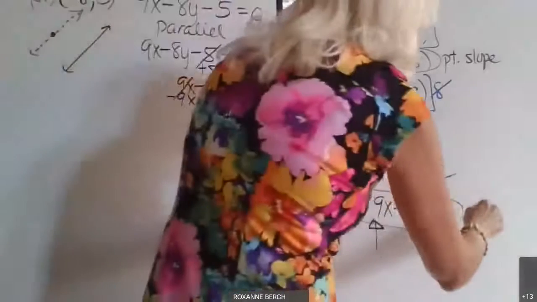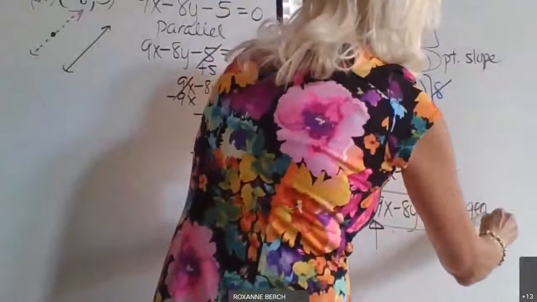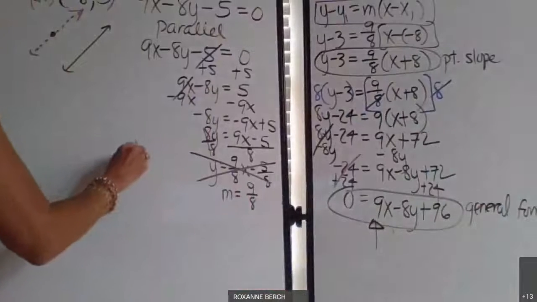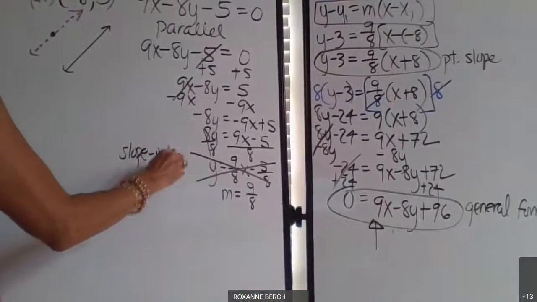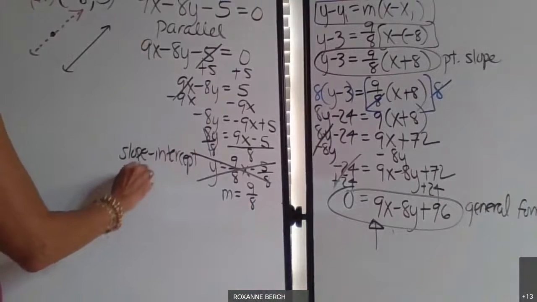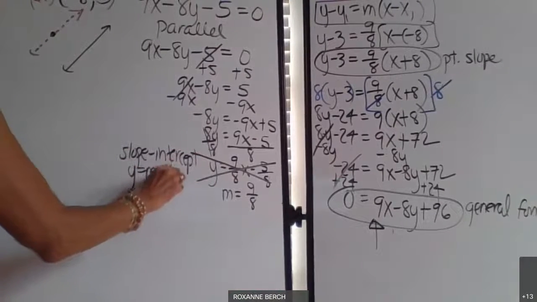So that's point slope form. This is general form. And this over here is slope intercept form, so we could get the slope. Remember slope intercept form is y equals mx plus b, so we can get the slope.